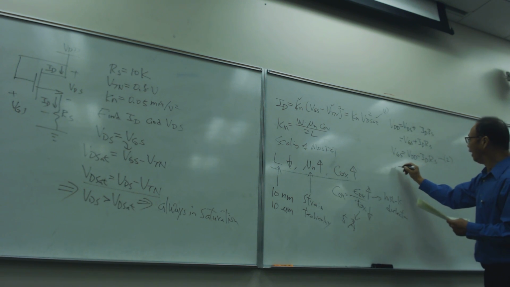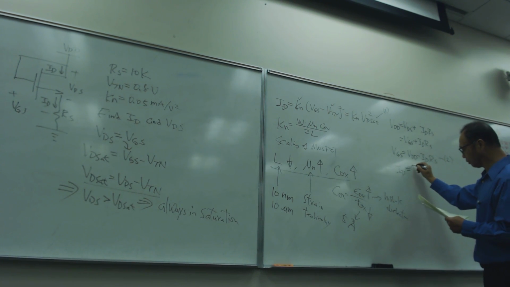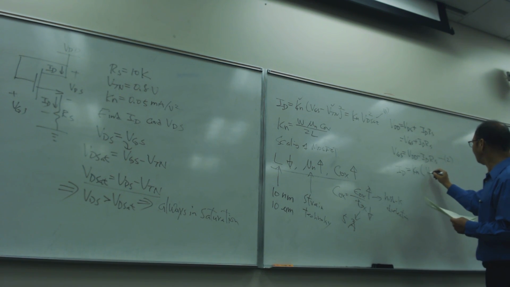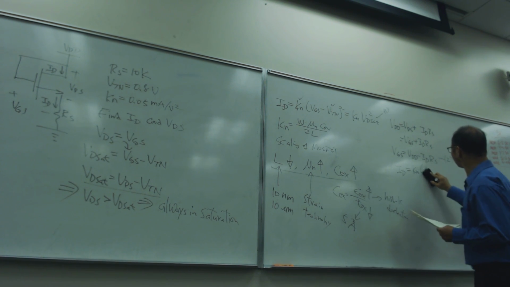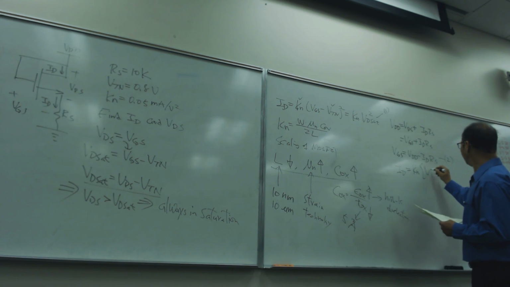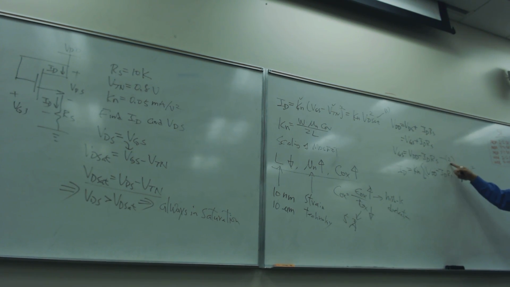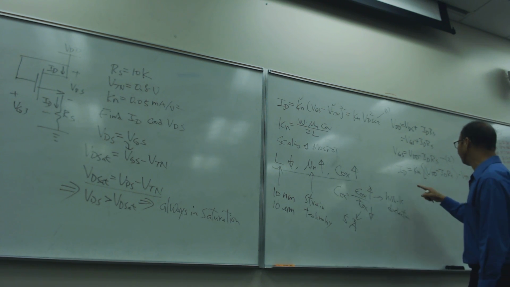So I get ID equal to Kn times (VGS, which is here, VDD minus ID RS, minus VTN) squared. This is the result of combining equation 2 and equation 1. Now we have one unknown, ID.